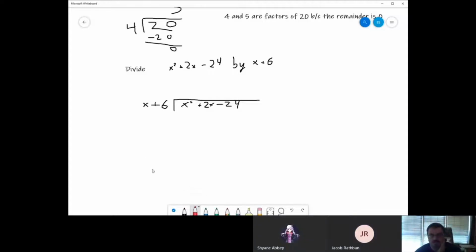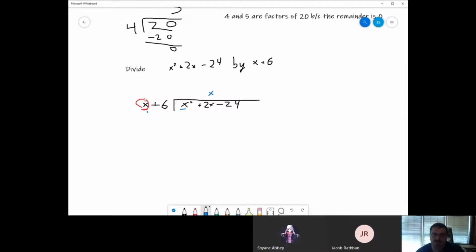Now when you do long division, really you're just going to be working with this part. So you only divide with the x, and you multiply with both the x and the 6. You can say, okay, x times what gives you x squared? X. I'll take the x. This is the x squared column, this is the x column, and this is the constant column. So I'll take the x and put it in the x column. Then we're going to multiply. When you multiply, you multiply by everybody.